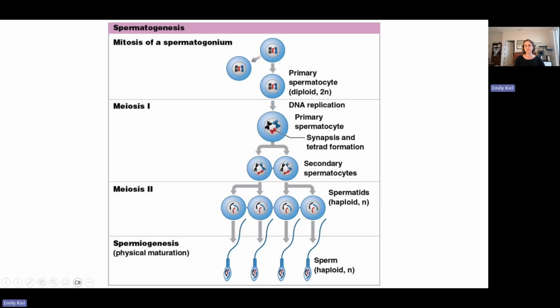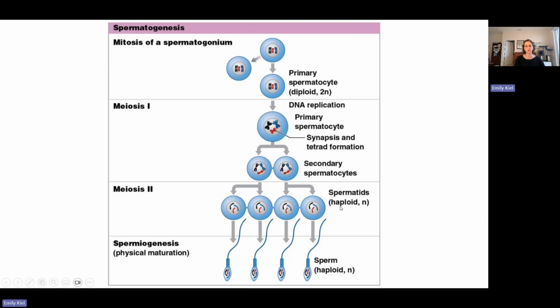So in that secondary spermatocyte, the homologous chromosomes have separated into individual cells, but we're not done, because we're going to go into meiosis 2, where we have spermatids, and these are finally haploid. They have 23 chromosomes. They only have one copy of each chromosome.